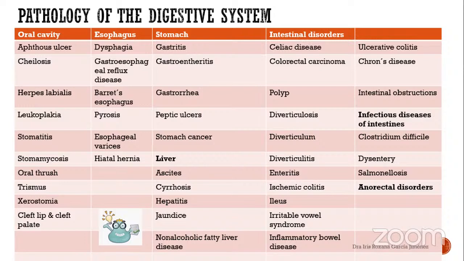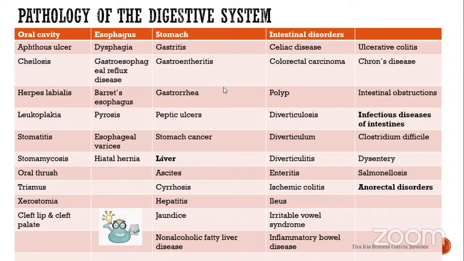Esophagus: dysphagia, gastroesophageal reflux disease, Barrett's esophagus, pyrosis, esophageal varices, hiatal hernia. About the stomach: gastritis, gastroenteritis, gastrorrhea, peptic ulcers, stomach cancer.